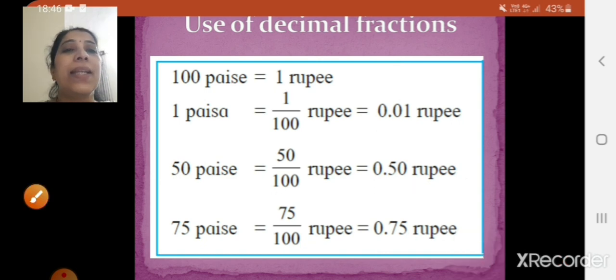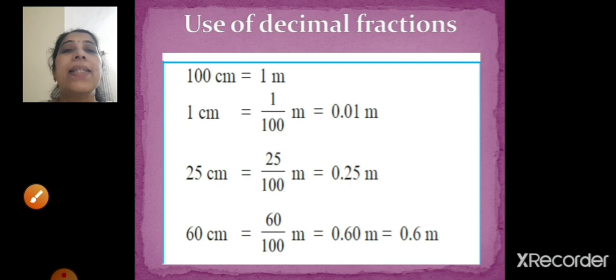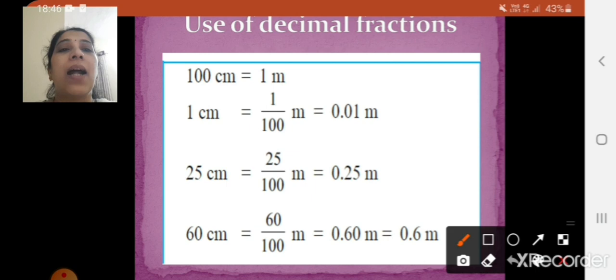Now let's see the next conversion. 100 centimeter is equal to 1 meter. That means 1 meter is equal to 100 centimeter. Both are one and the same. Now 1 centimeter is equal to how many meter? 1 upon 100 meter. So 1 upon 100 means in the denominator there are 2 zeros, that means 2 decimal places.